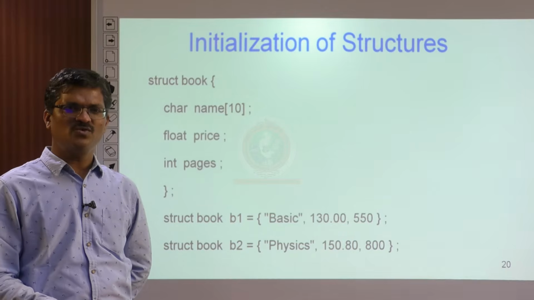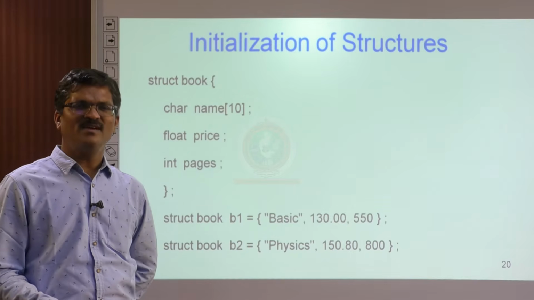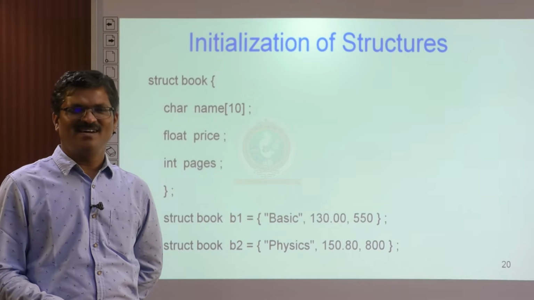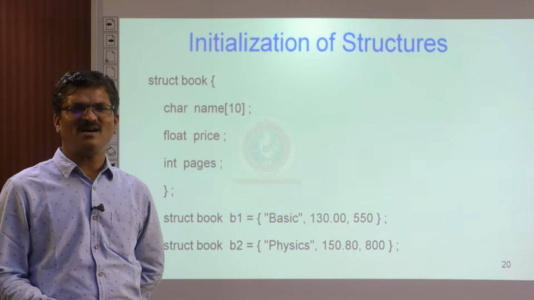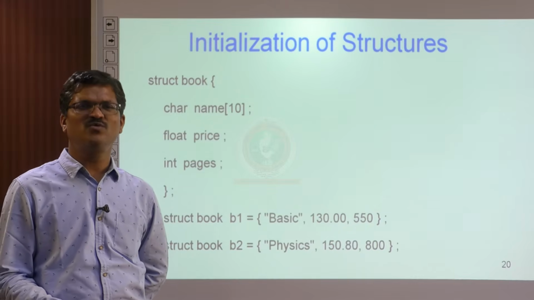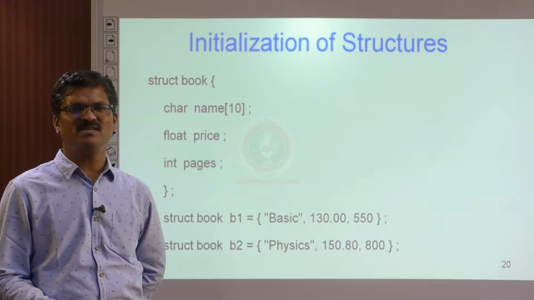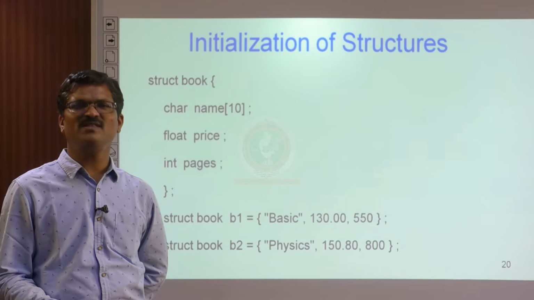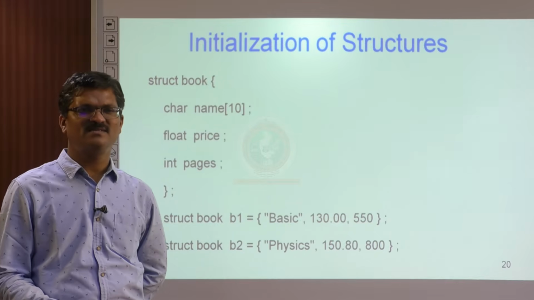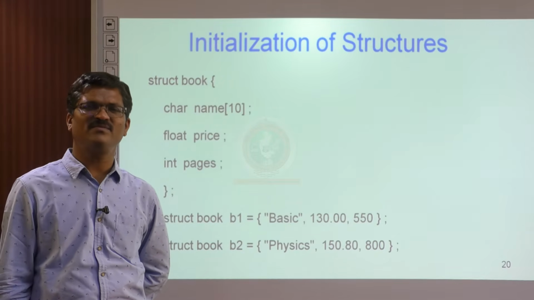B1 is one variable which holds the information of one book whose title is basic, whose price is 130 and it includes 550 pages.